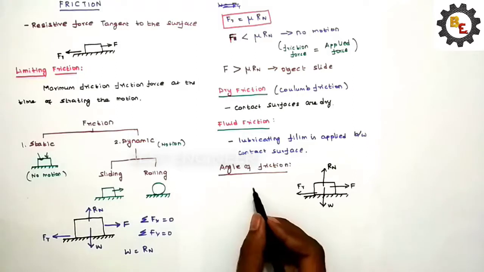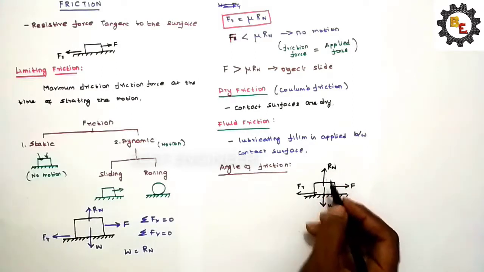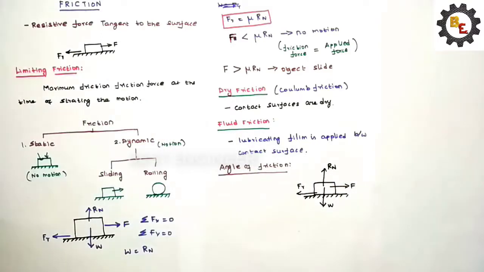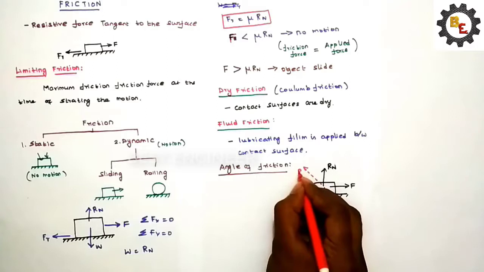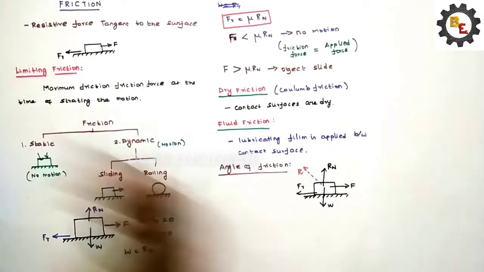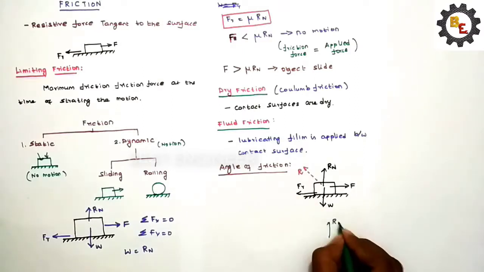Angle of friction is the angle between the normal reaction and the resultant reaction. Here the resultant reaction will be here, that is R. Now we can construct a triangle by using these three forces. Rn or friction force. This is the angle of friction.